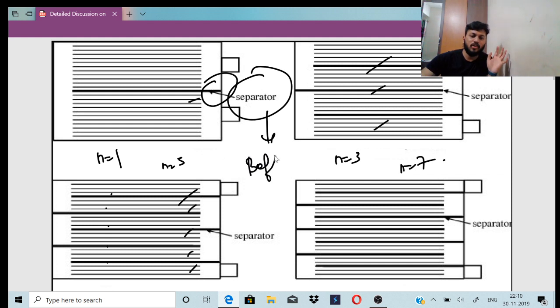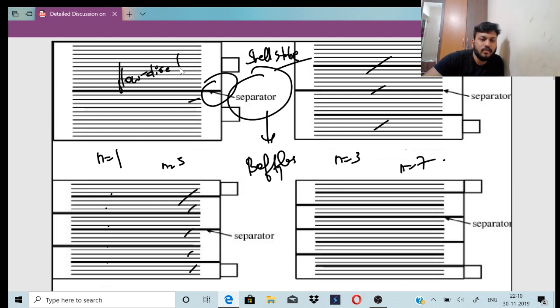So we heard a name called baffles, right? We heard this name in the previous class, that is, cross flow heat exchangers or shell and tube type heat exchangers, right? Shell and tube type heat exchangers or cross flow and multipass heat exchangers use something called baffles. And what are baffles? They are flow directing or obstructing pipes or veins.